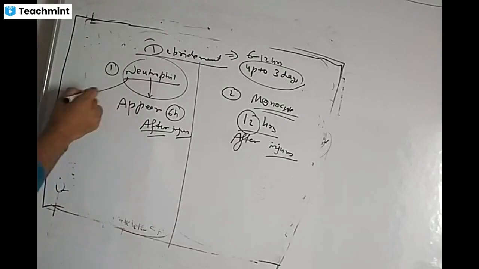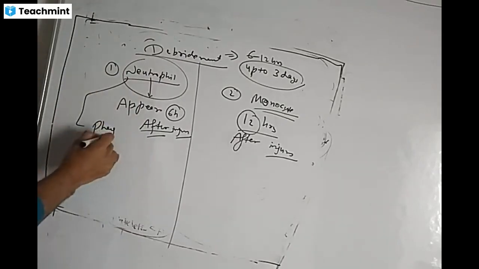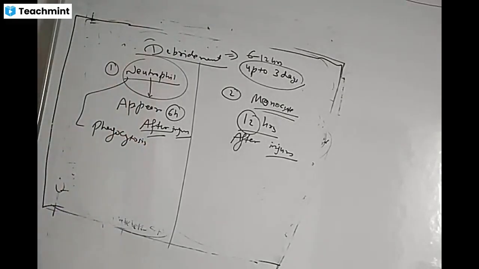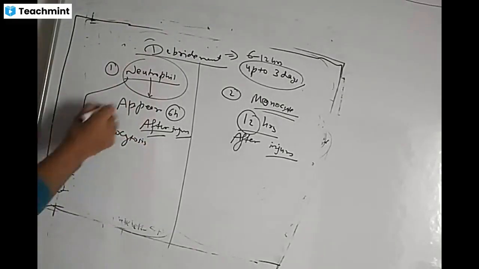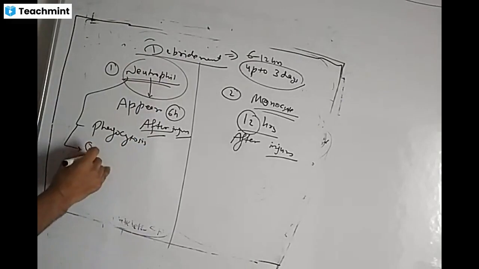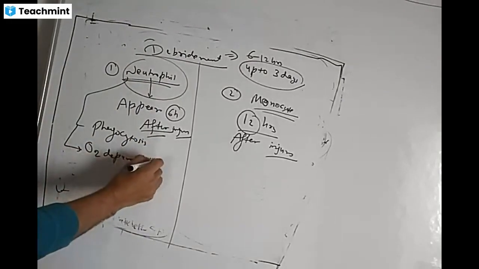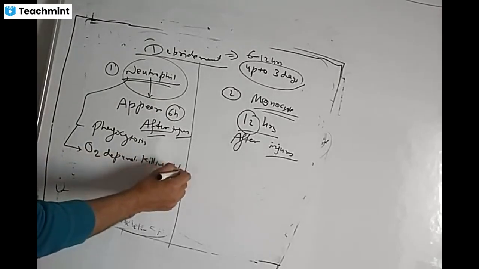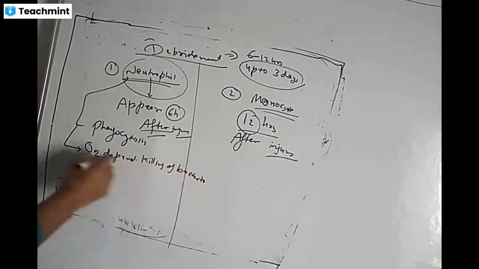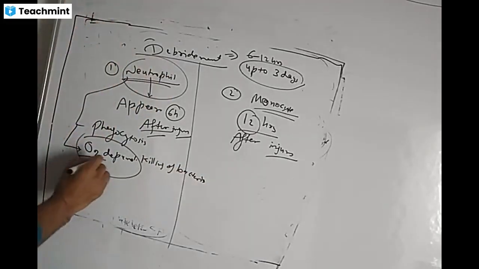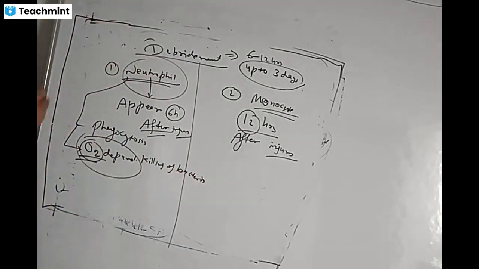Their role is known as phagocytosis. They phagocytize the cells. Very important for neutrophils is oxygen dependent killing of bacteria. It means for these neutrophils to work, what is important is oxygen.